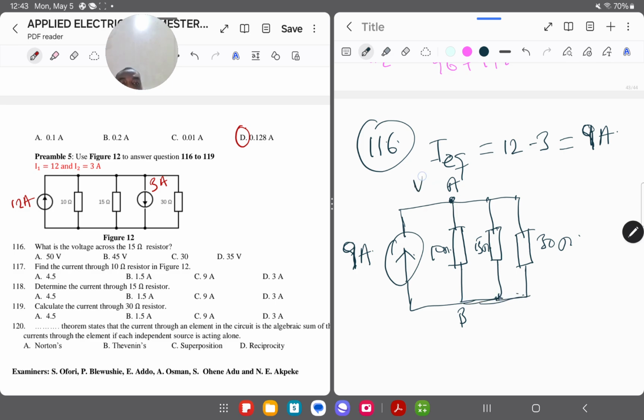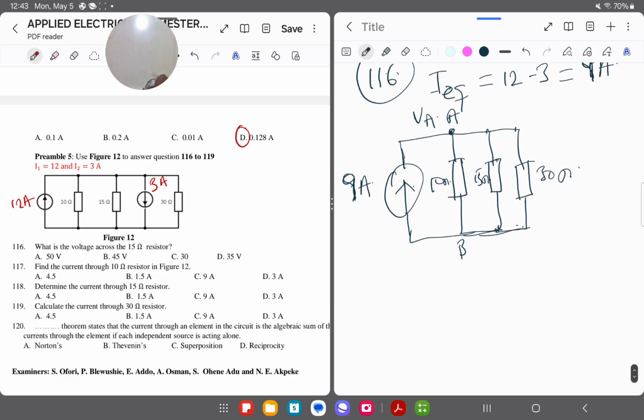So I can label it VA. That's one way of doing it, and you can use this technique to get this one here.